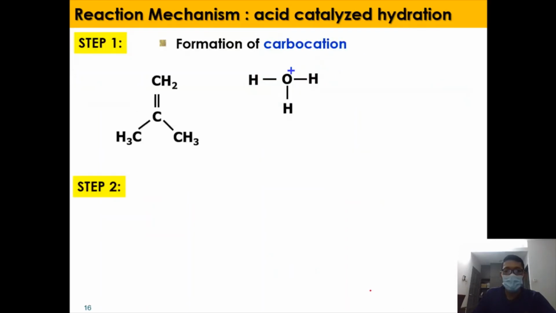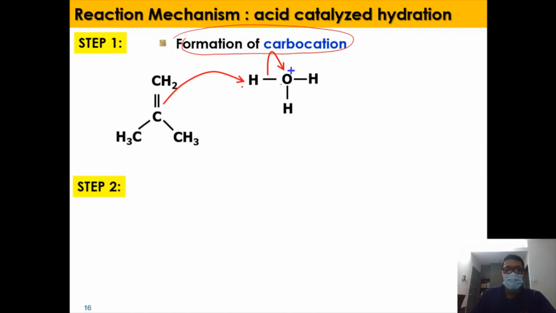All right. Now we're going to see the reaction mechanism for the acid catalyzed hydration. So for the first step, we need to form the carbocation. So we know that the carbon-carbon double bond is going to be our nucleophile, where the double bond is going to attack the electrophile here, and this is going to break the bond in between H and O here.